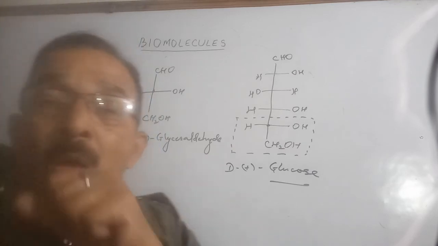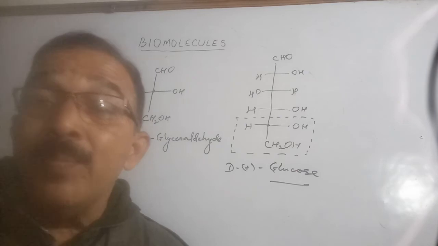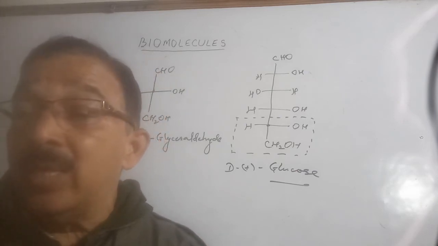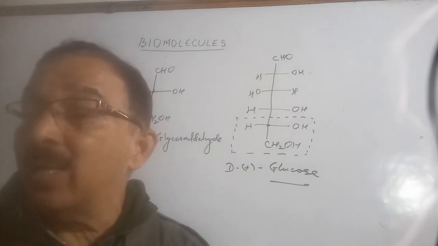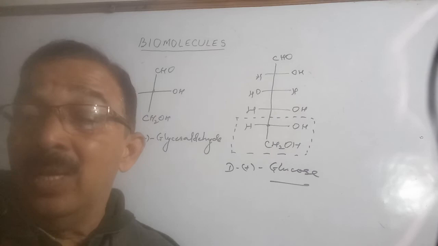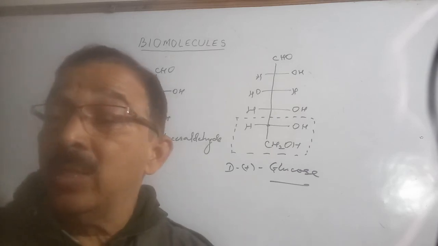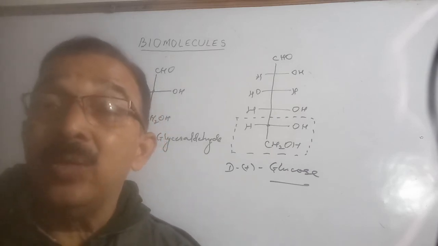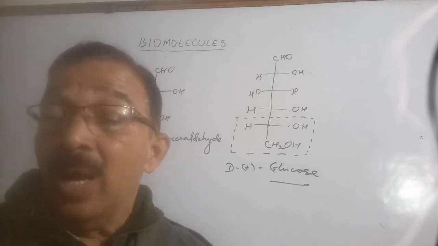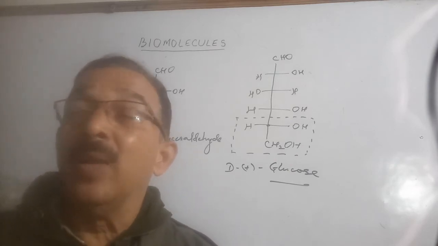All those compounds which can be chemically correlated to the plus isomer of glyceraldehyde are said to have D configuration, whereas those which can be correlated to the minus isomer of glyceraldehyde are said to have L configuration.